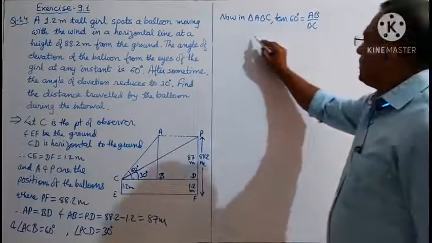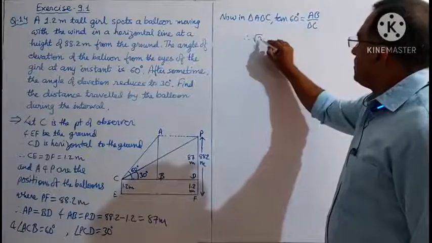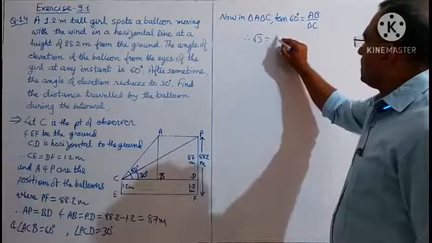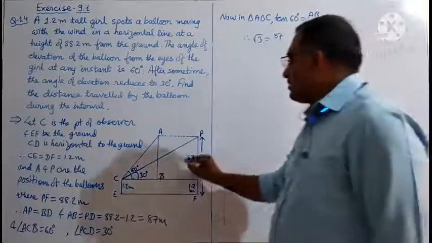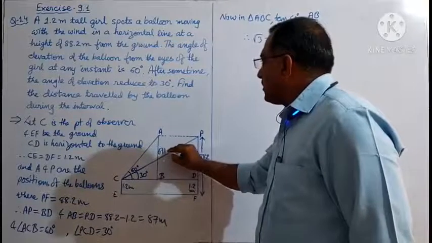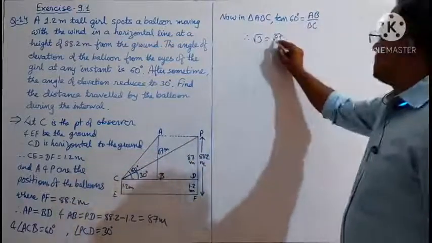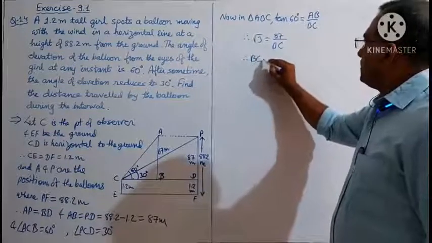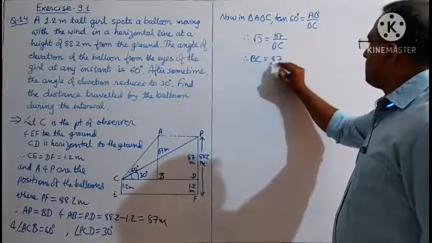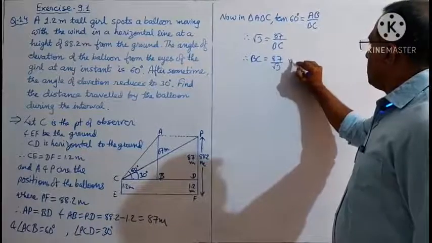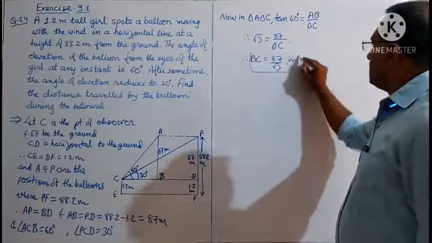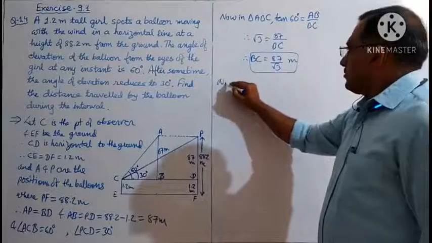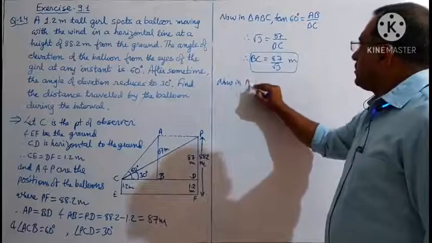And therefore tan 60, that is root 3, is equal to AB, that is 87 meter. Here 87 meter, so this is also 87 meter. So 87 divided by BC, and therefore BC is equal to 87 by root 3 meter. So this is BC.